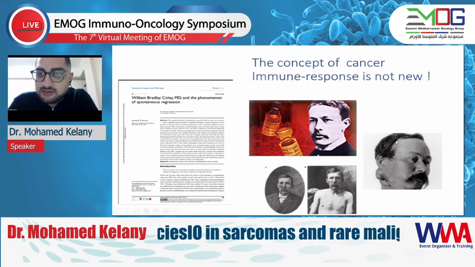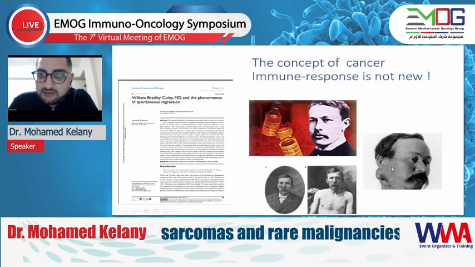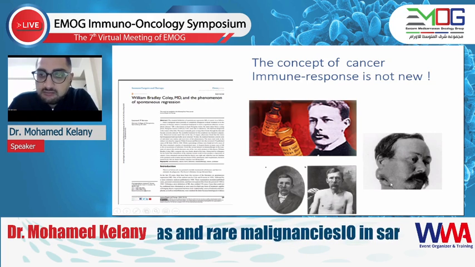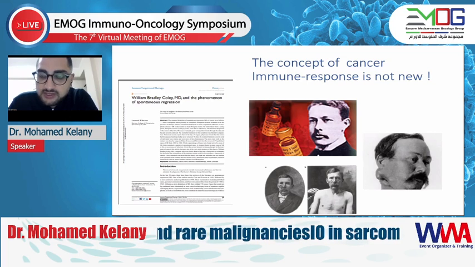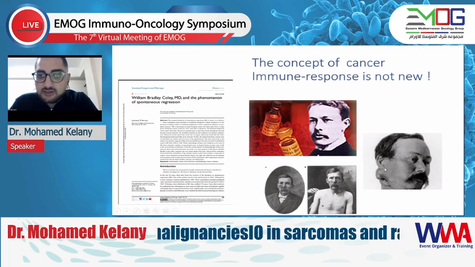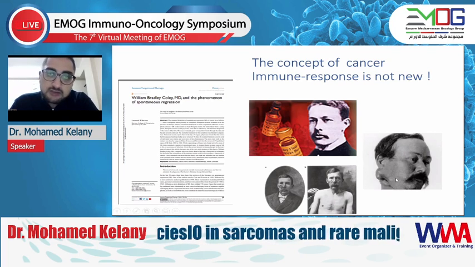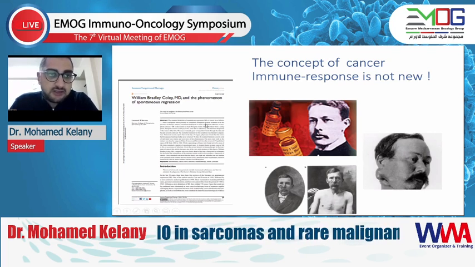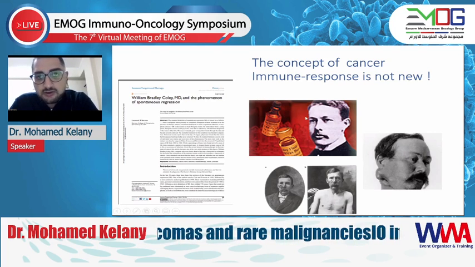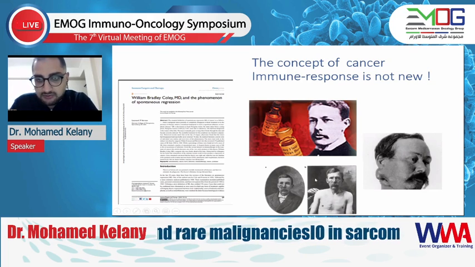Interestingly, this patient had a soft tissue sarcoma in the neck and had recurrence twice after surgery. The last time he had a staphylococcus infection, and he reported spontaneous tumor regression after this infection. He tried to collect a case series and finally published in 1921, and they tried to create the so-called Coley's vaccine to be used in advanced cancer patients.